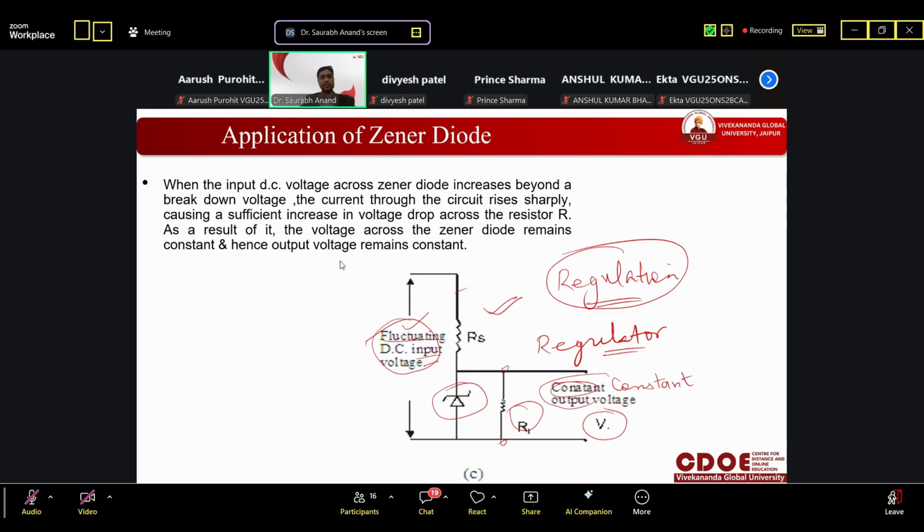So this is the application of Zener: if we use a Zener diode in the circuit in place of a PN junction, it will be used as a regulator and provide regulated voltage. Any doubt to anyone?